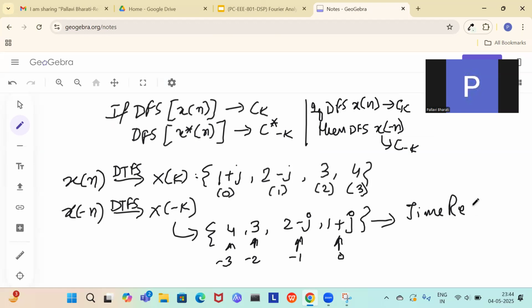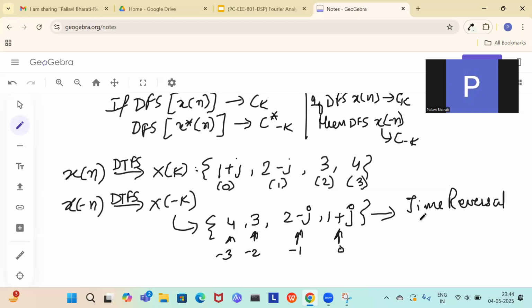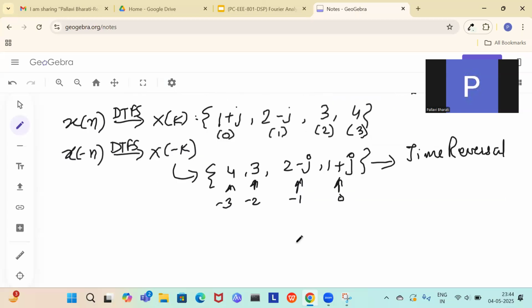In case of conjugation, we first use time reversal and then we do the conjugation. Now if we have to take out x star [n], it is going to become X star of minus k. The first one is just the real part 4. The second one also has only the real part. The third one has an imaginary part which will change from plus to minus or minus to plus.